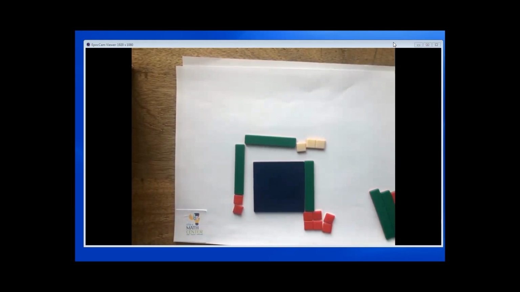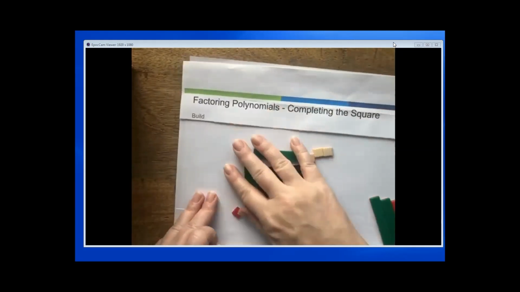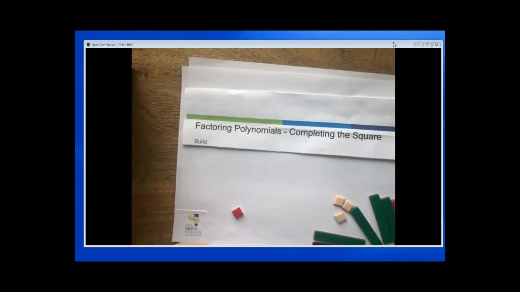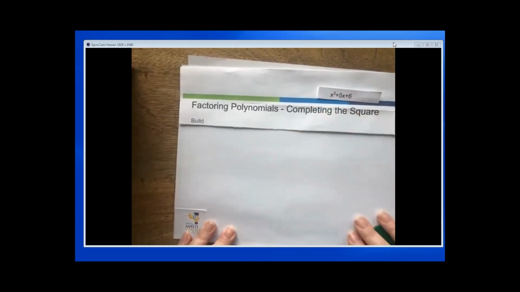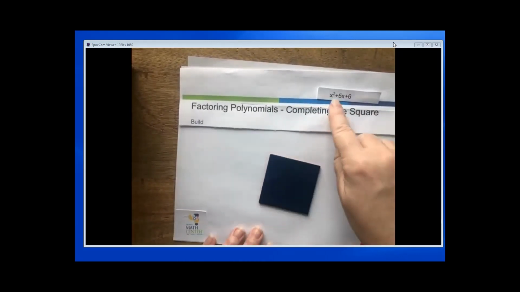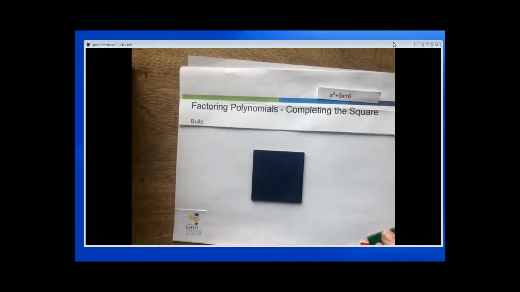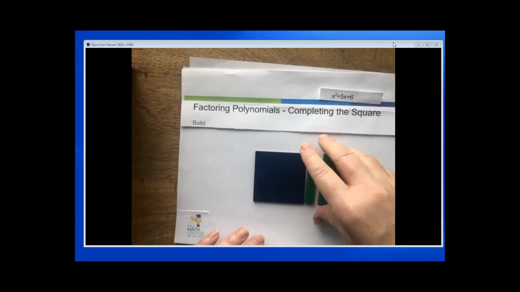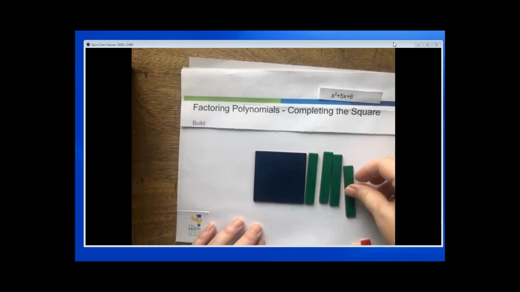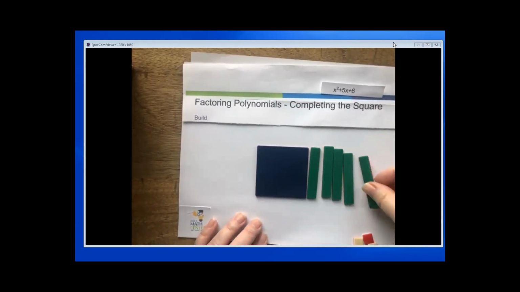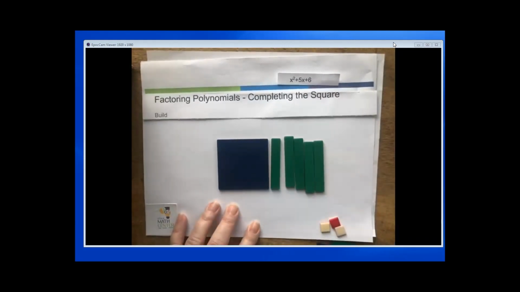All right, the last one, let's go to factoring. Let's try this one. So this time, I'm just going to bring in the pieces that I have here. I have x squared. I have 5x. And I have a positive 6.